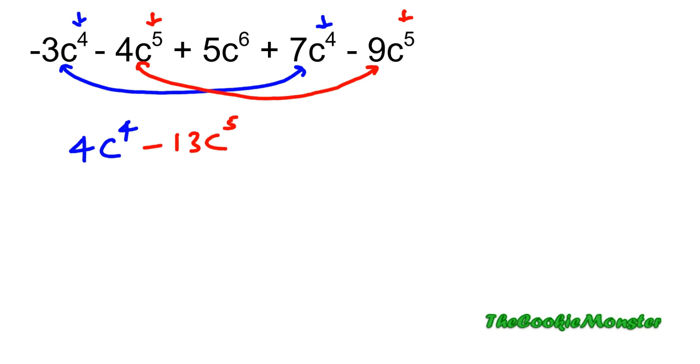Again, the exponents, do not mess with them. And the last thing, all you have left over is c to the sixth, because that's the only remaining c to the sixth. There's nothing you can do about it. It's going to basically tag along at the end, like so. So that's pretty much the end of it.